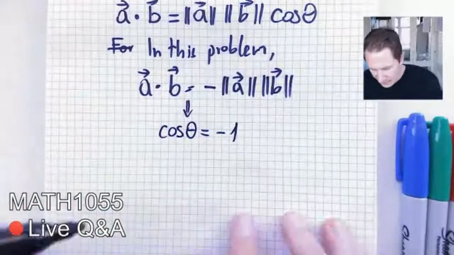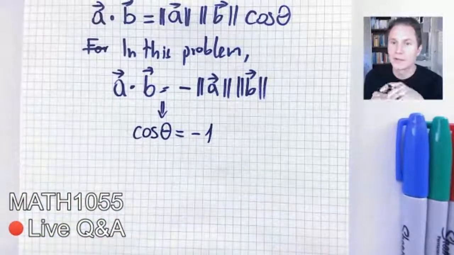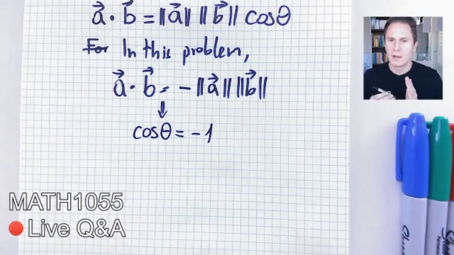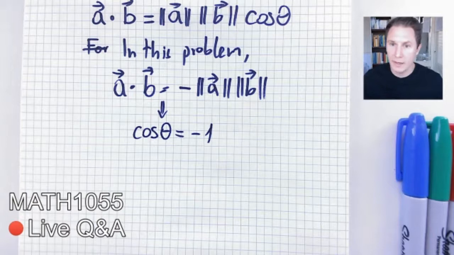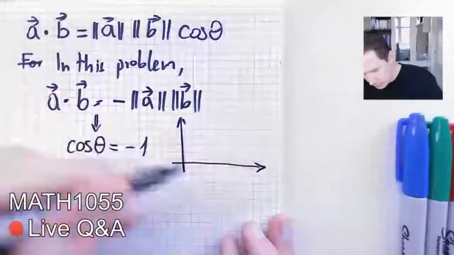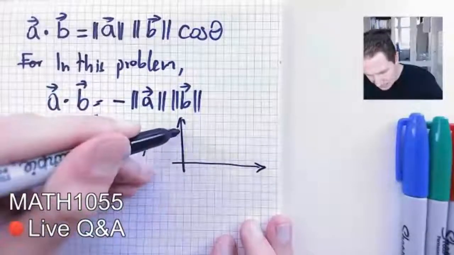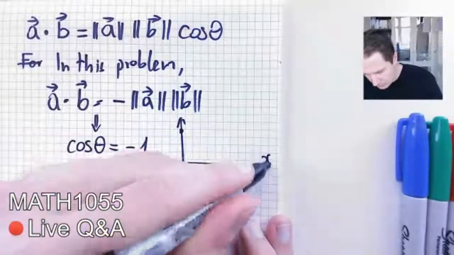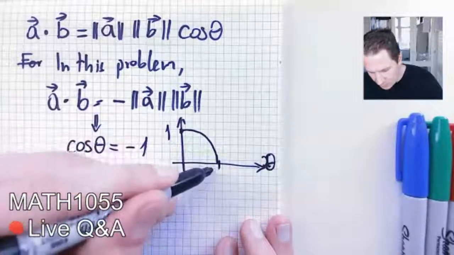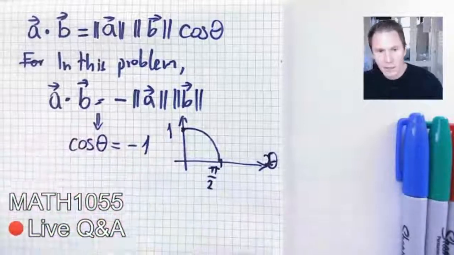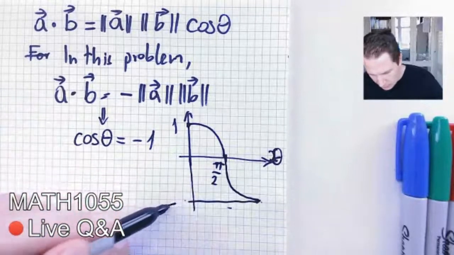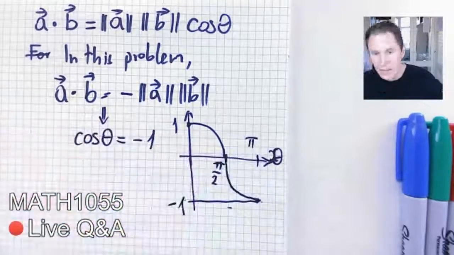Okay, and since the angle of two vectors is between 0 and pi radians, if you remember the cosine function, it starts from +1, dips down to 0 at pi over 2 radians, and further down to -1 at pi radians.